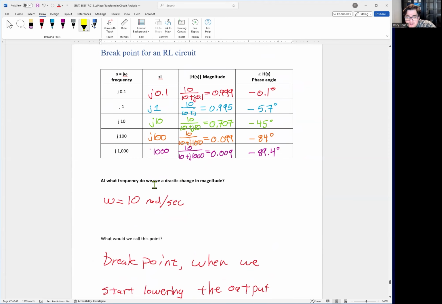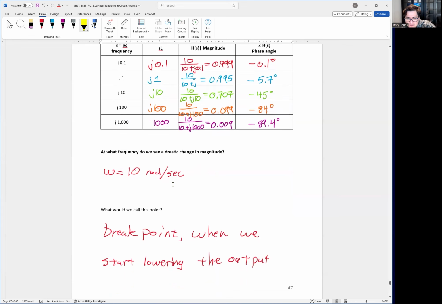Not exactly midpoint, but it's in between the two. This point is called a break point. This is when we start lowering the output drastically, and it bottoms out.